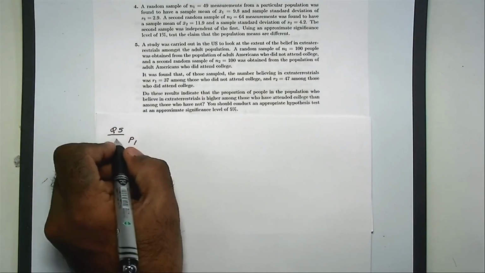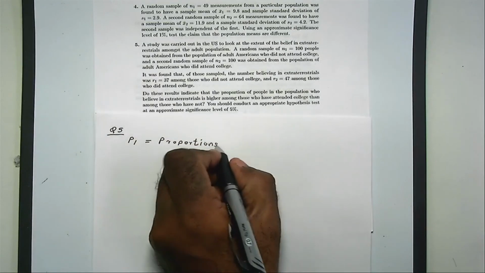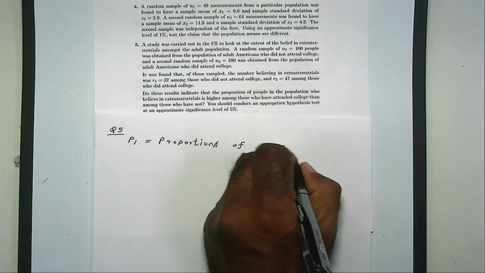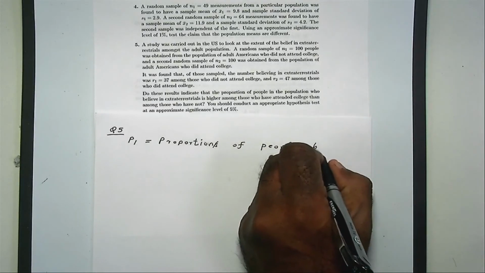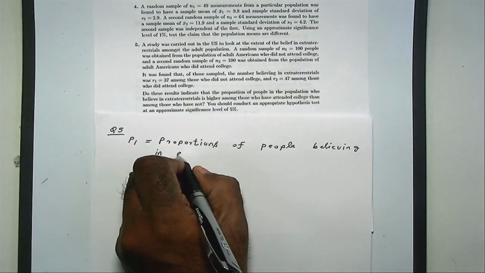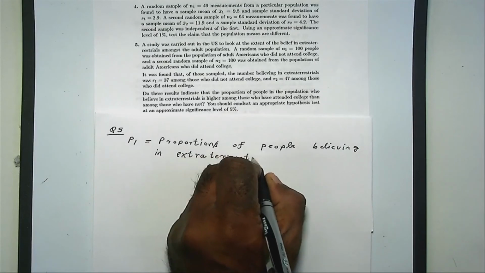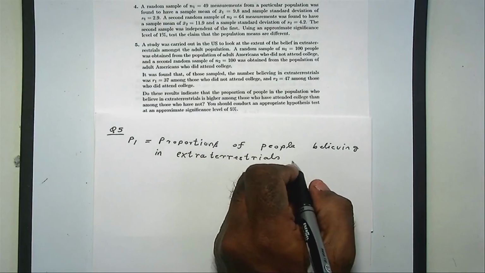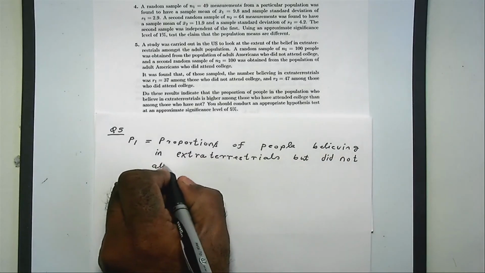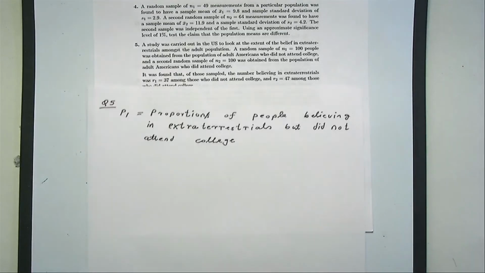The first proportion, P1, is the proportion of people believing in extraterrestrials but who did not attend college.